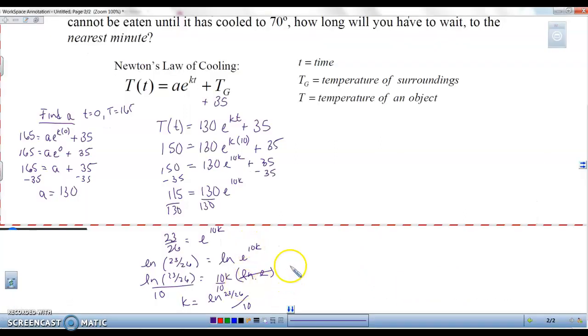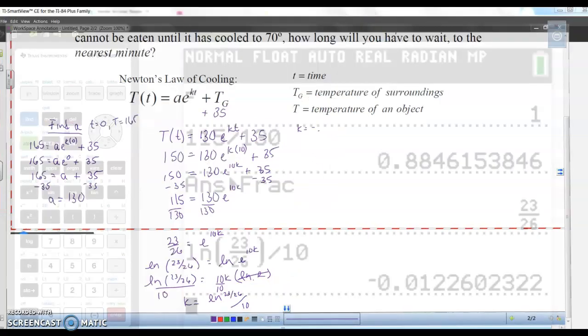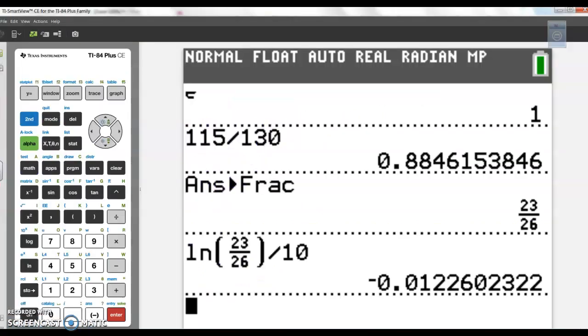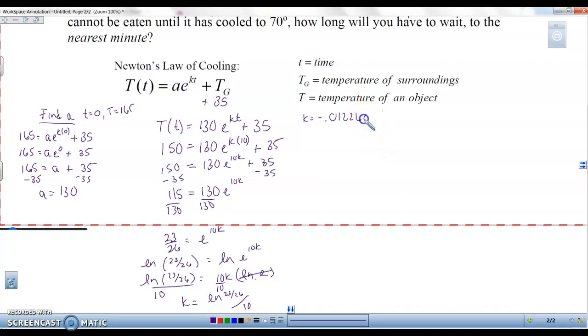Okay, so k is going to equal negative 0.01226... Now notice I didn't round that off because I want the exact value. You can round it off if you're told to, so that's fine.